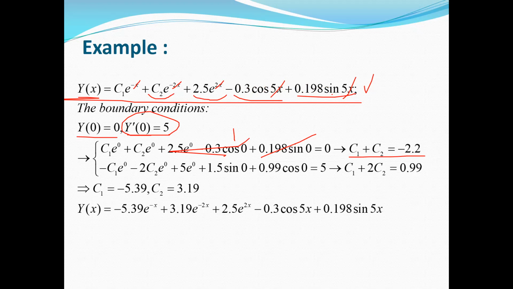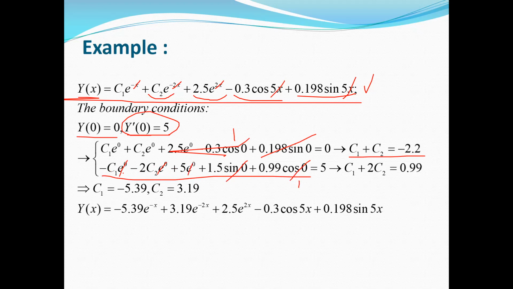And finally, in this equation, which is the derivative of y with respect to x, we should substitute x equal to 0. And again, we can obtain these equations. Here, again, we have sine 0, which is 0. We have cosine 0, which is equal to 1. We have exponential of 0, all of these terms are equal to 1.